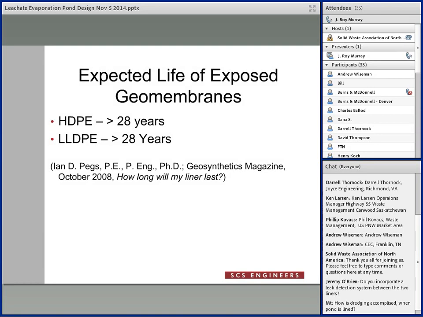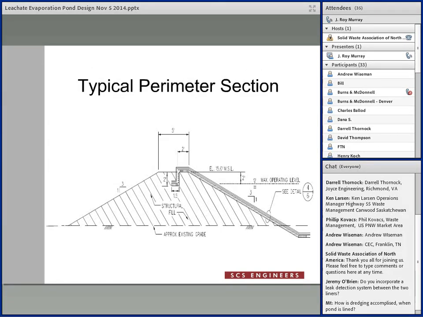So this is a typical perimeter section. It is very similar to what you would use on just your landfill liner details. But the important thing to note here is you need to make sure that your berm is more than high enough to keep any storm waters that might be around there from flowing in.